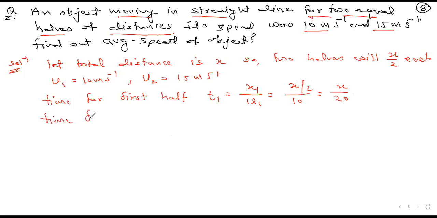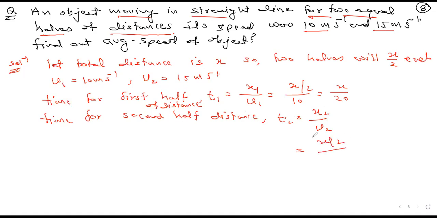Time for second half of distance: T2 equal to x2 upon v2. x2 is x upon 2, v2 is 15. This is x over 30.